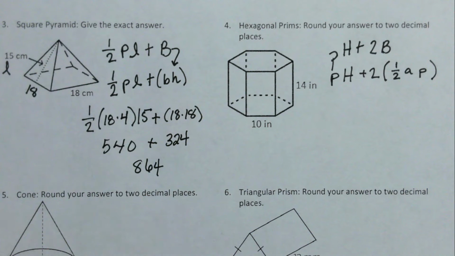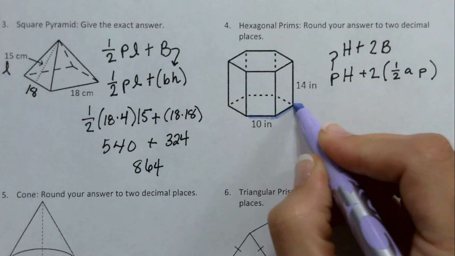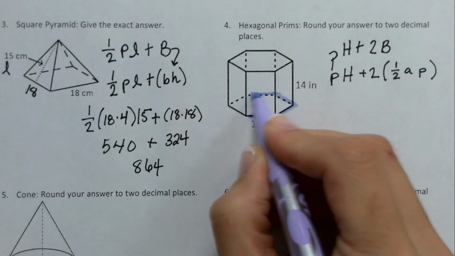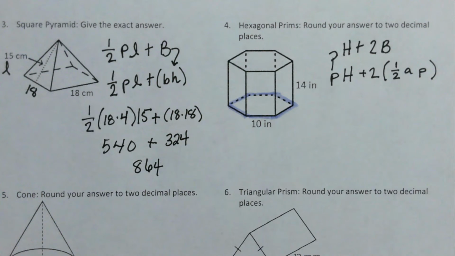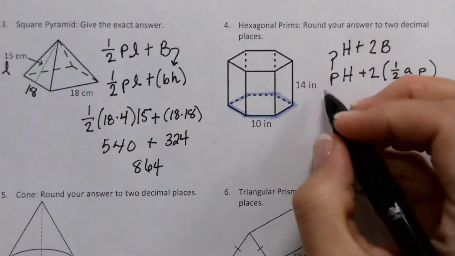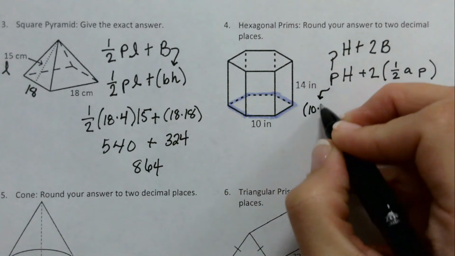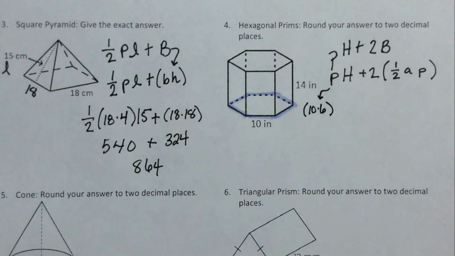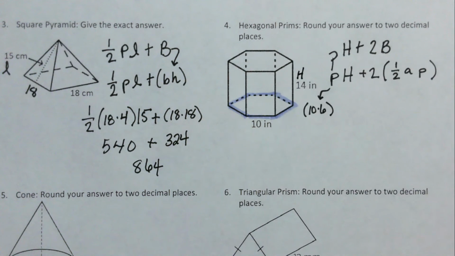is going to be 10, 10, 10, 10, 10, and 10. So that's 10 times 6 because it's a hexagon. So you can put 60 or you can put 10 times 6 for perimeter. My height is 14.